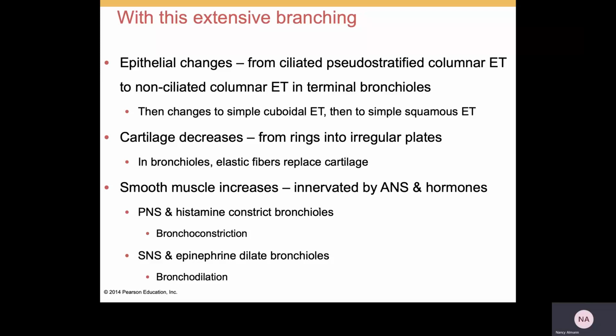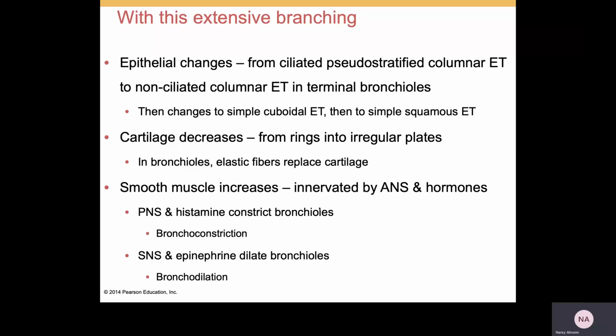As we move down the bronchial tree, smooth muscle will increase. It will be innervated both by the autonomic nervous system and by hormones. How? Well, the PNS and histamine will constrict the bronchioles, so you'll have bronchoconstriction. Remember those elastic fibers we just mentioned? There you have it.